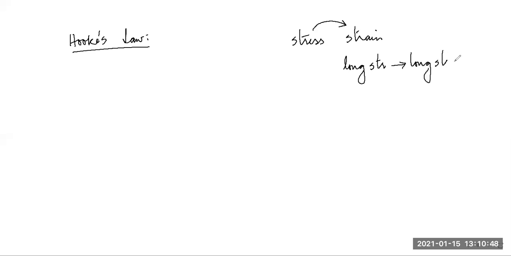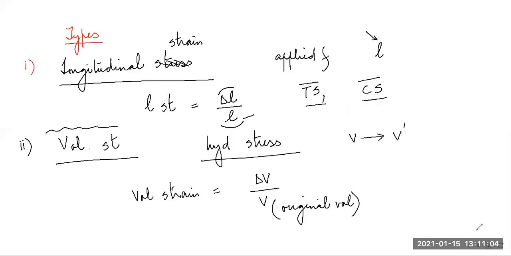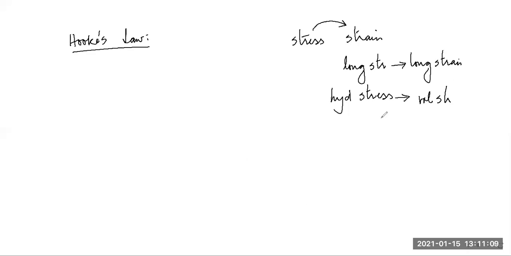Am I right? Yes, Ishma. If I have hydraulic stress, it gives rise to what kind of strain? Volumetric strain. That's beautiful. Similarly, tangential stress or shearing stress gives rise to shearing strain, that is theta, which is equal to delta L by L.